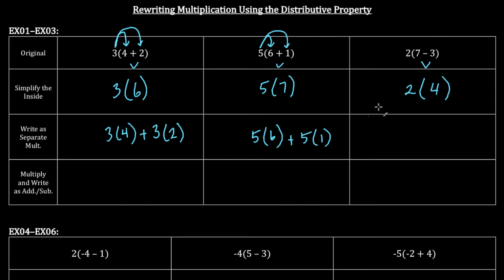Now, what happens here? Instead of 2 times (7 minus 3), you could write it as 2 times 7 plus 2 times negative 3, because remember that 3 has a negative value.